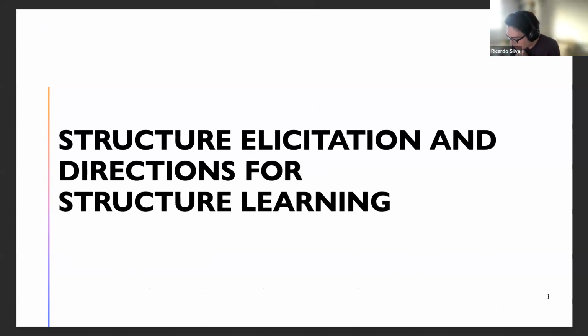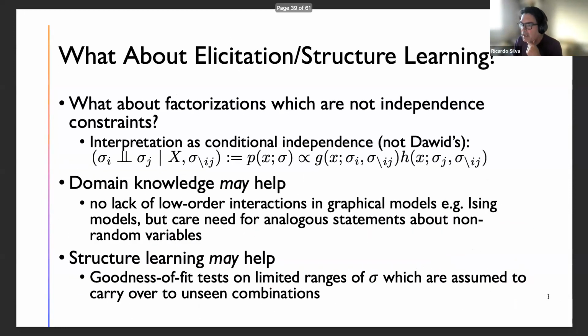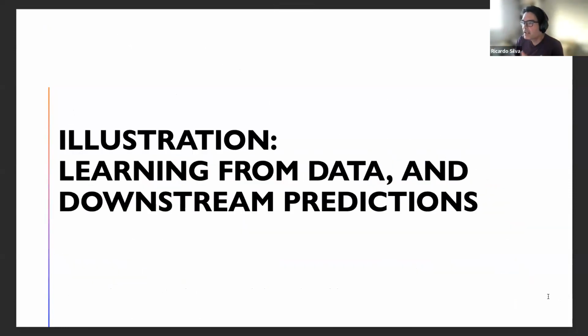I realize I'm running a bit short on time, so instead of focusing on that, which you can read through in the slides here, which I hope are useful, I'm going to focus on the final part of the talk, which is just practical ways of fitting these models to data and how to link this to particular prediction problems.